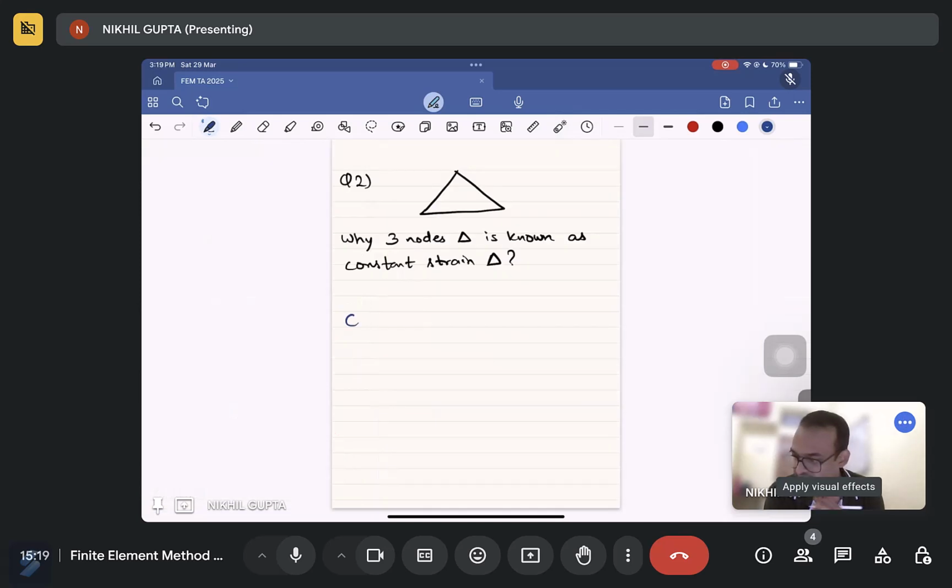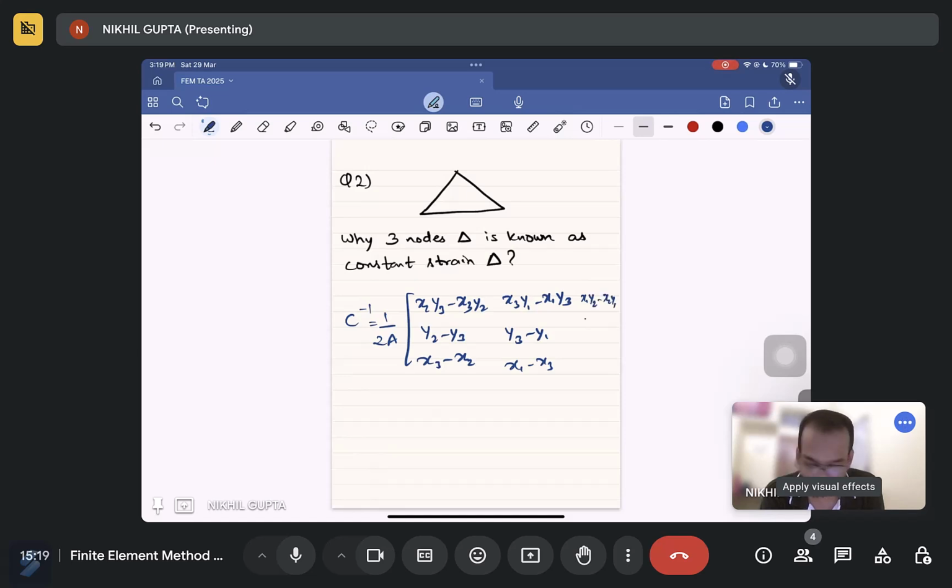We'll write C inverse as 1 upon 2A times: x2 y3 minus x3 y2, y2 minus y3, x3 minus x2; x3 y1 minus x1 y3, y3 minus y1, x1 minus x3; x1 y2 minus x2 y1, y1 minus y2, x2 minus x1.